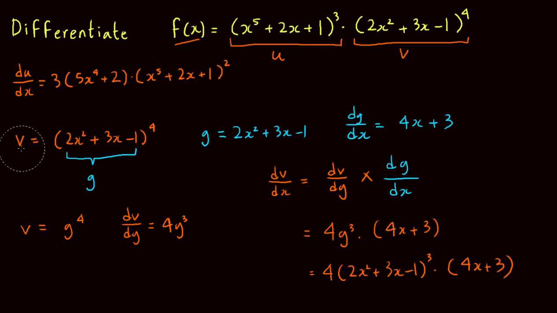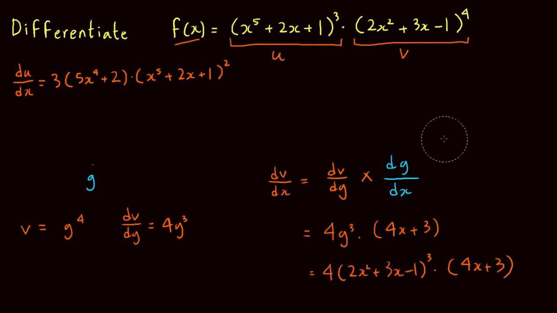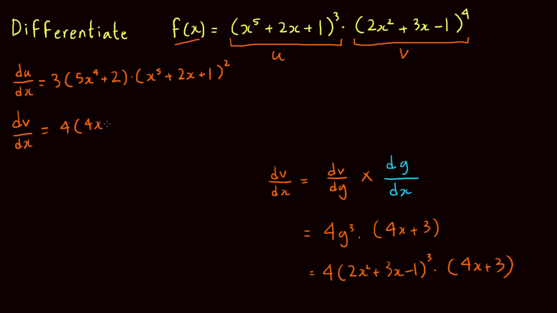With that being said, let me just erase it real quick, because we need some space. So our dv/dx is 4 times (4x + 3) and (2x^2 + 3x - 1)^3.